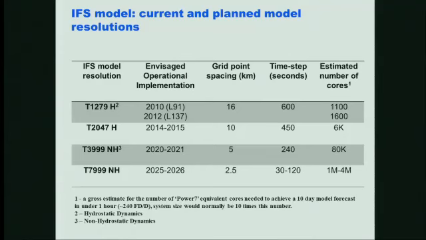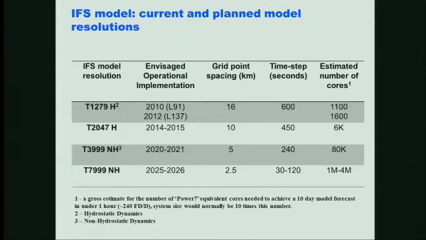Here you see the grid spacings, the estimated time step that we envisage, and the estimated number of cores expressed in equivalents of the Power 7, which is currently installed at ECMWF. What you see is that a 5-kilometer resolution is really achievable.